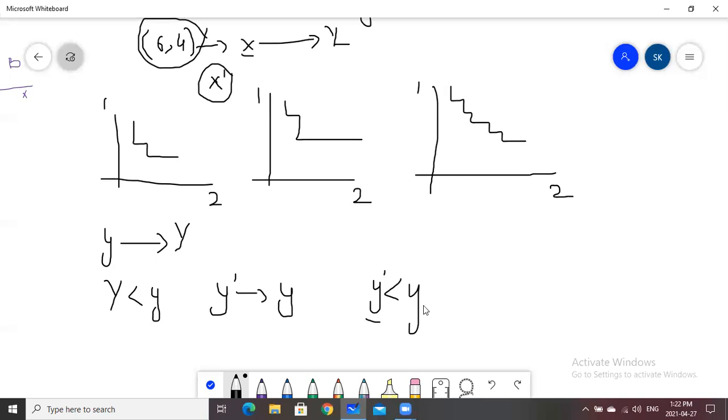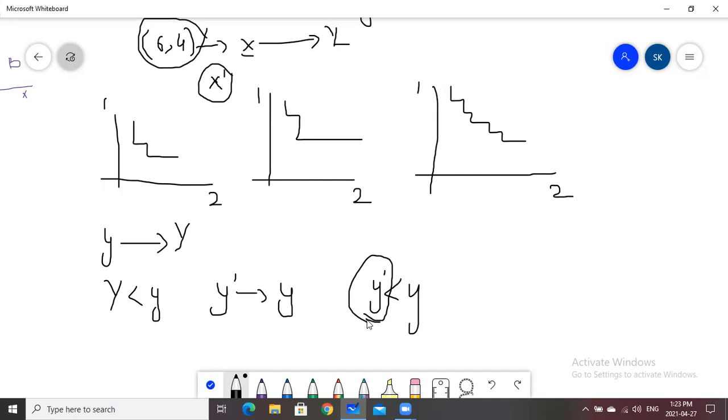Now the production plan, which is represented by this y prime, okay, it produces equal or smaller amounts of all output by using at least as much of all inputs as compared to y. This is the basic interpretation of this term.